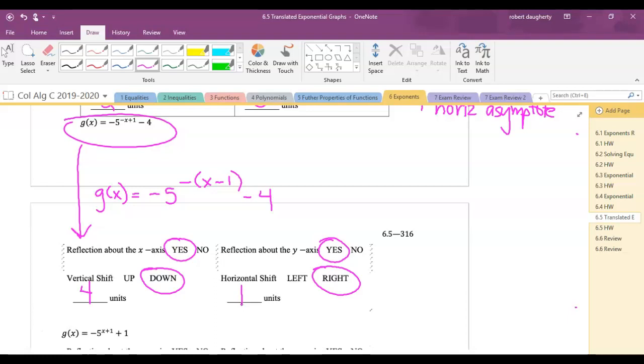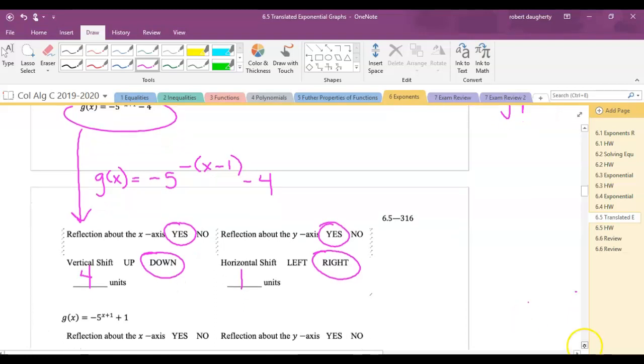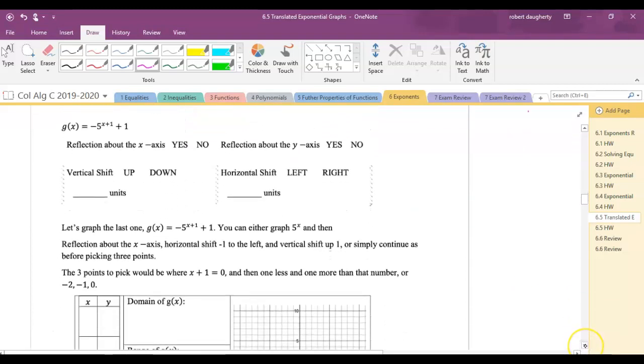So if I had something like here, and I can move it left and right, but if I reflect it, left and right become opposite of each other, okay? So what you have to do when you're looking at y-axis reflections and vertical, you have to have a negative in front of the entire exponent. So basically you factor out a negative 1 there. Okay, this is probably the hardest concept in decoding these guys.